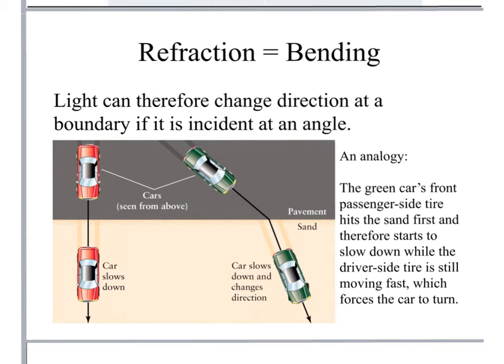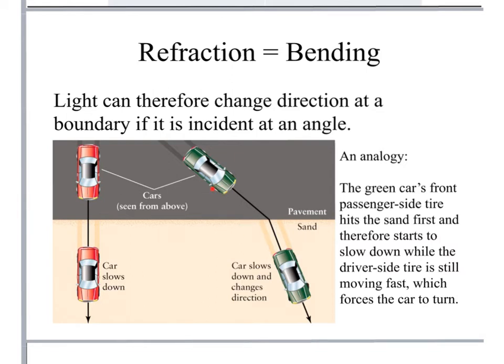And you will be able to predict which way the light will bend, hopefully using this analogy. So when the car is moving towards that boundary, it's the right-hand wheel of the car, or if we're looking at it, the left-hand tire, that will be the tire that hits first.